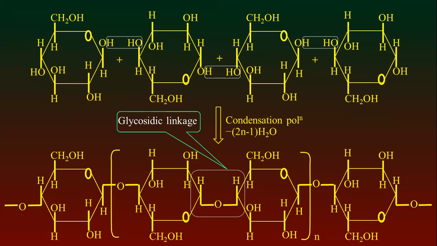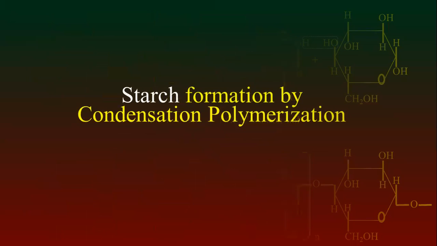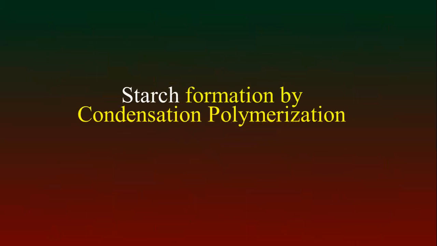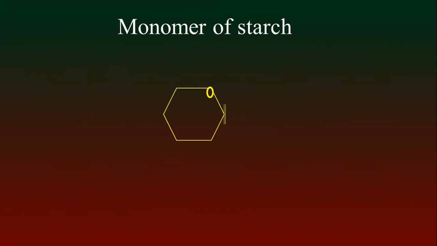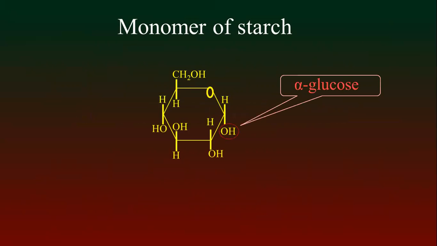glycosidic linkage. Okay, now starch formation by condensation polymerization. For the preparation of starch, just use alpha glucose as the monomer. Alpha glucose means the hydroxyl group must lie below the plane of the glucose structure.